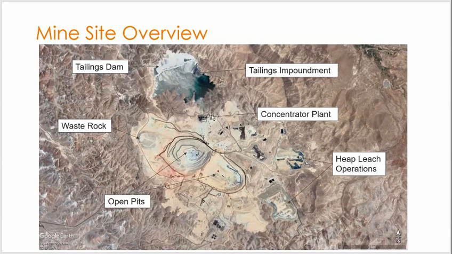Then a tremendous volume of water is added to the ore, along with chemicals to extract the mineral from the ore. After the mineral is extracted, what's left over is a large mass of soil mixed with water as a slurry, and that is the material that we call tailings.